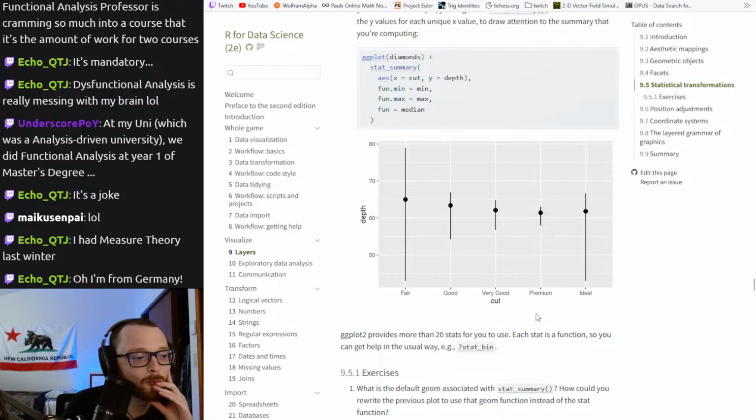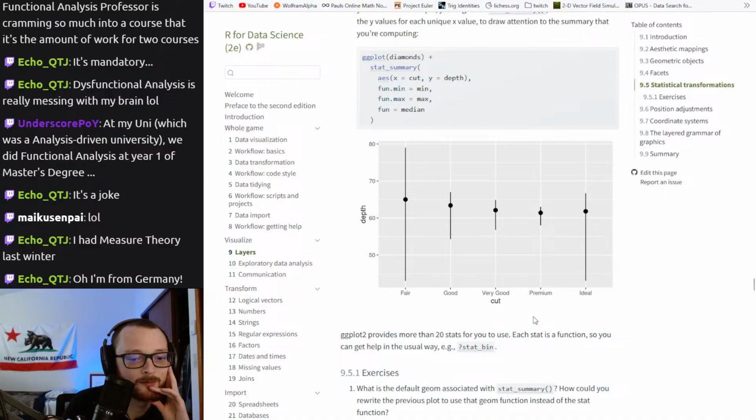You're in Germany. Ooh, cool, cool. Yeah, okay, that's also true. That makes sense because America, we emphasize different parts of math than Europe does.